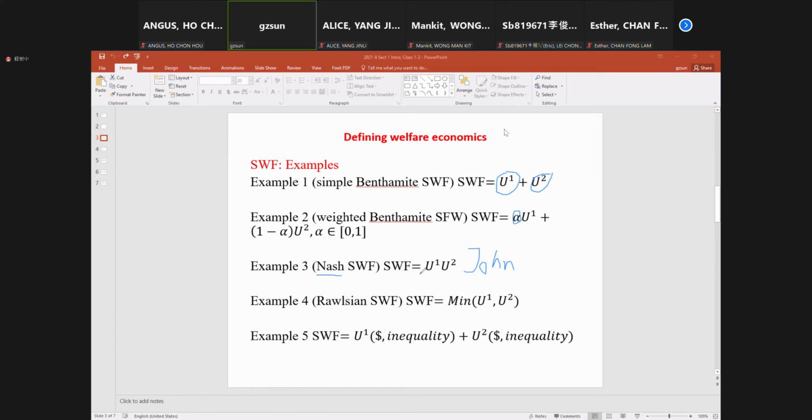Now, if you compare this one with this one, you may find they are pretty much like brothers, very similar to each other, because if you take a log of this formula, you may find it becomes log U1 plus log U2.